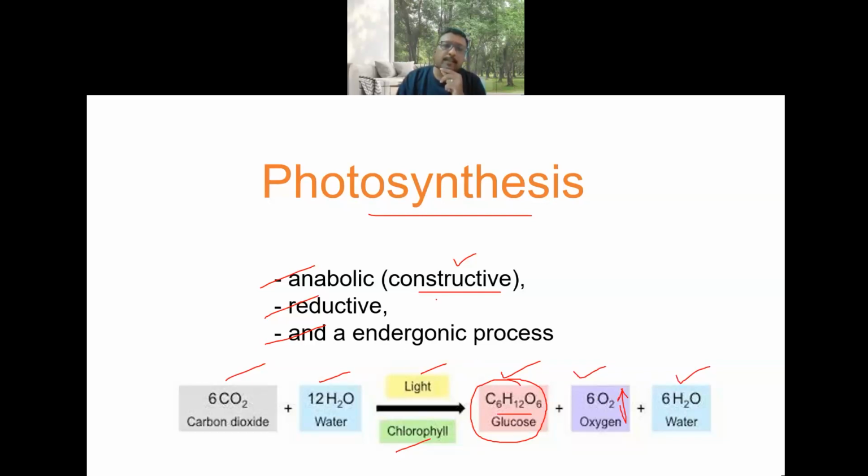So it is a constructive process where simple molecules are combined into a complex molecule, as well as a reductive process. So it is undergoing a reduction. Water is being split, and the hydrogen which comes out from water is accepted by a proton acceptor in the form of NADP.